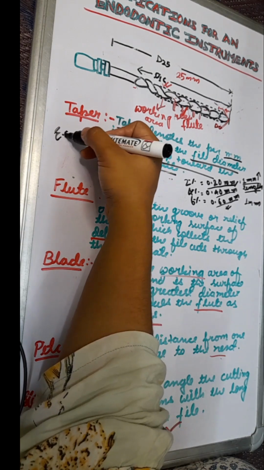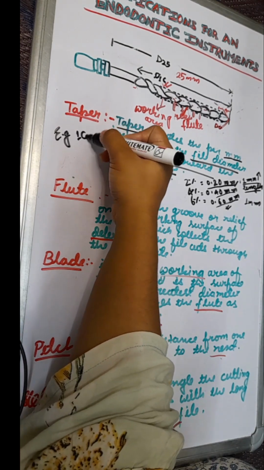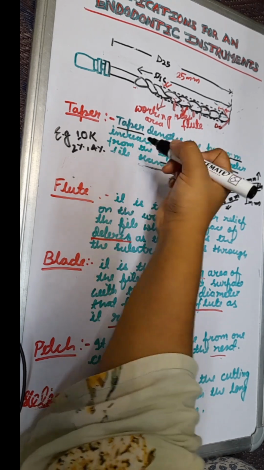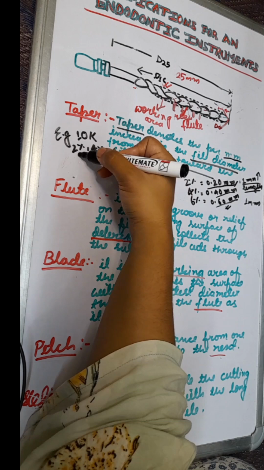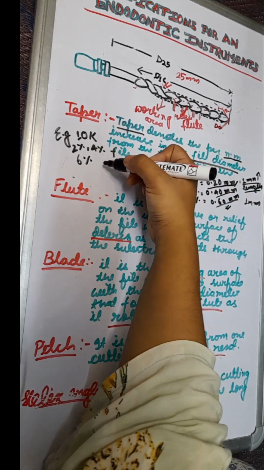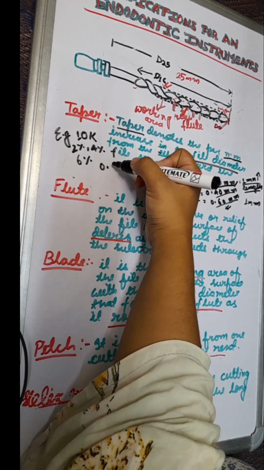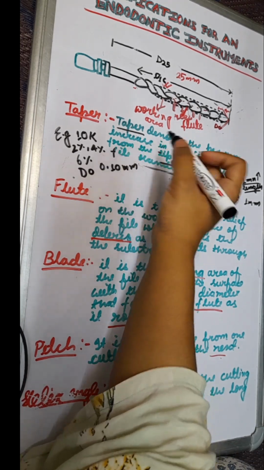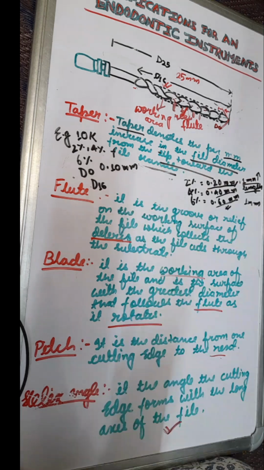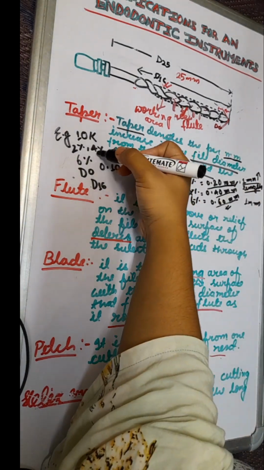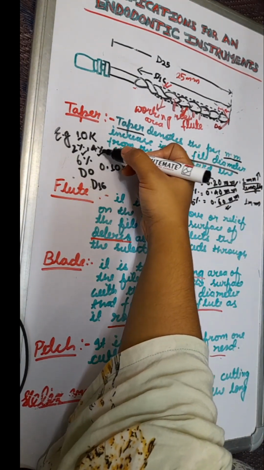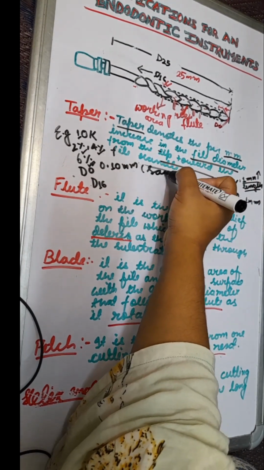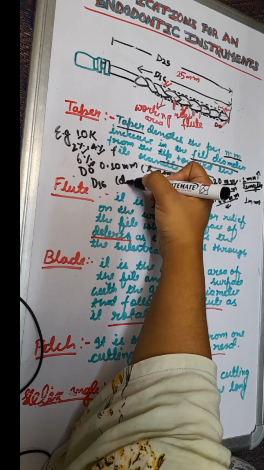Now, for example, when we talk about a 10K file of 2% taper, 4% taper, or 6% taper, the tip diameter of the 10K file would be 0.10 millimeter only, that is the D0, and the D16 of 2% taper, 4% taper and 6% taper would be different.